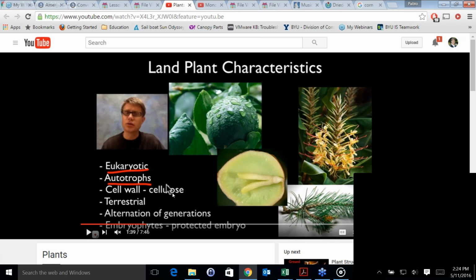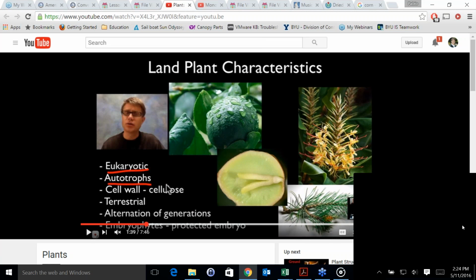What was it? Some long word. The cell walls of fungi are made of chitin. So different types of organisms have different cell walls. But the plants all have cell walls made of cellulose.